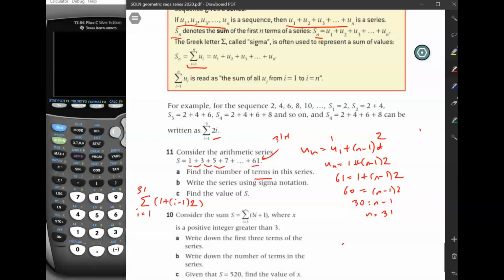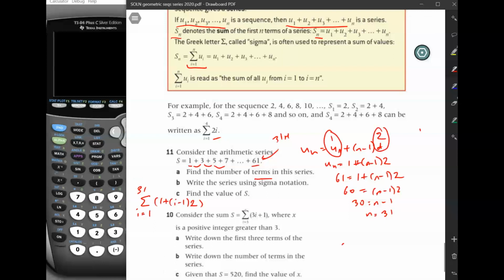Find the value of S. Okay, so this is an arithmetic sequence. We know that the arithmetic sequence has U1 of 1, and we know that it has a d of 2, and we know that the n value is 31. So how do we figure out what the sum is?